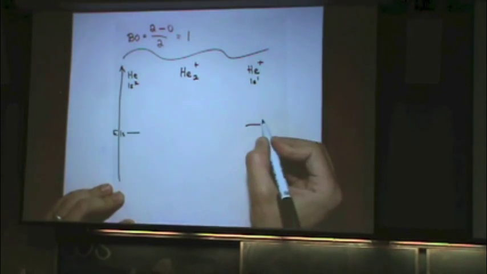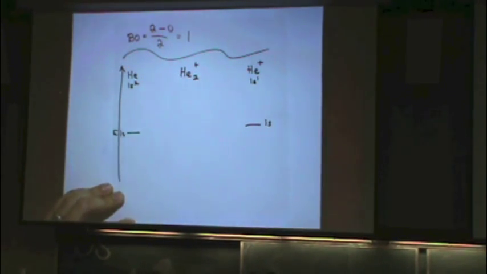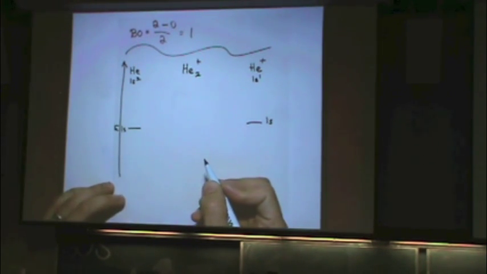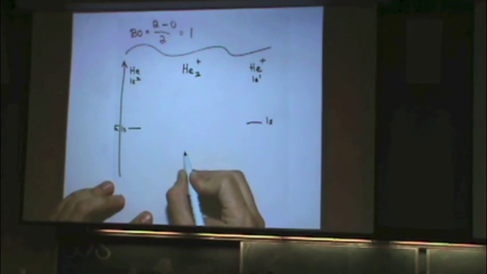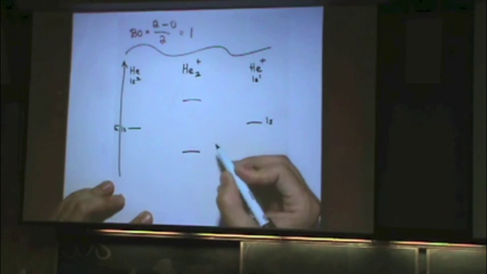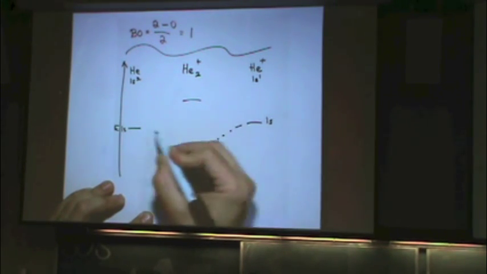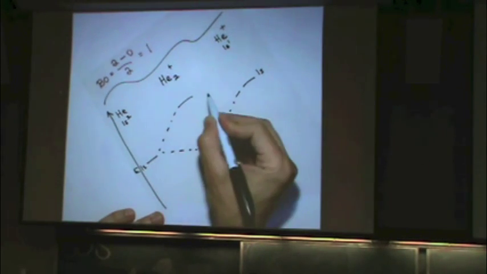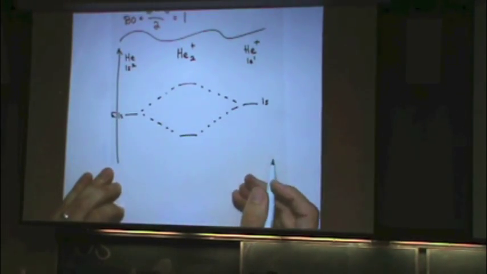This is the 1s orbital for each. Every bond has 2 parts, a bonding low energy and an anti-bonding high energy. We beautify it with dots or dashes here to kind of show where these lines come from. Yeah?